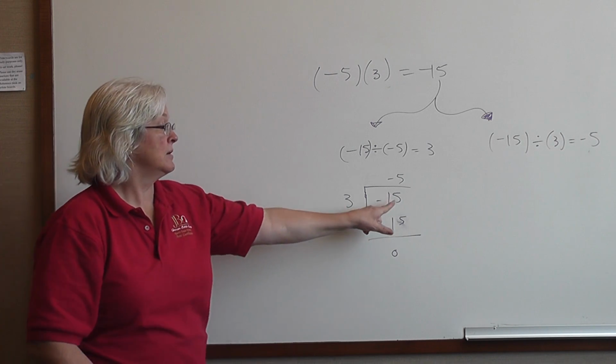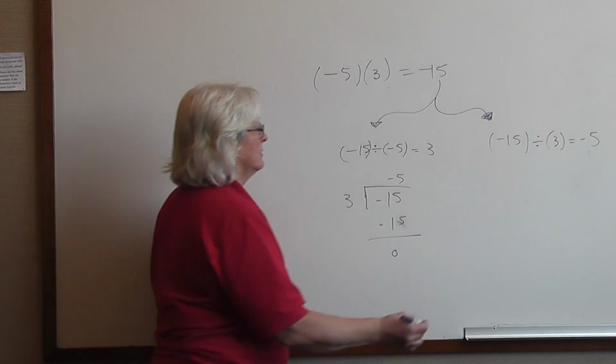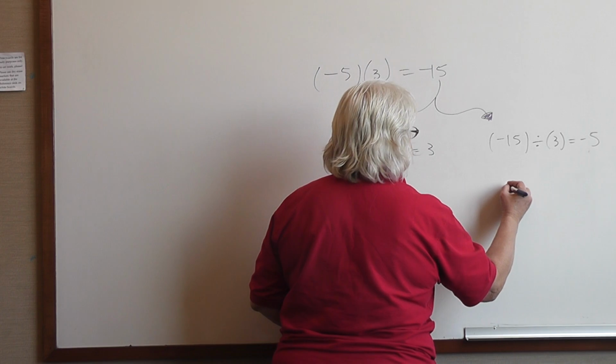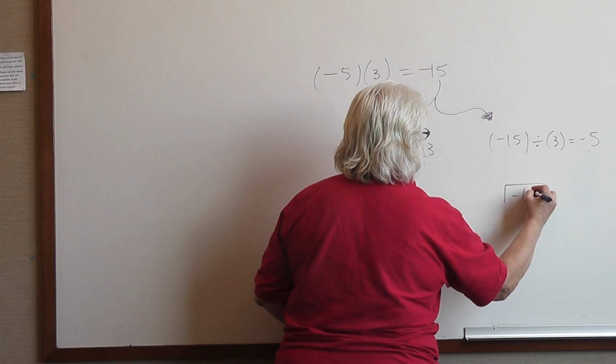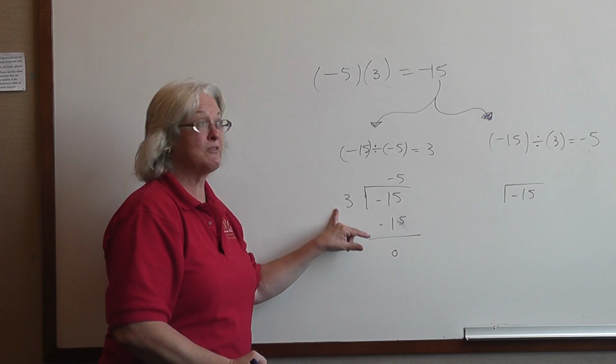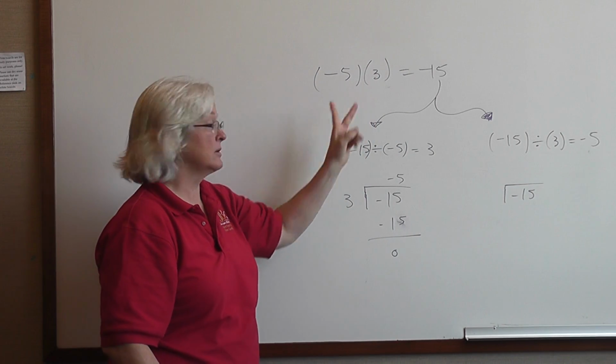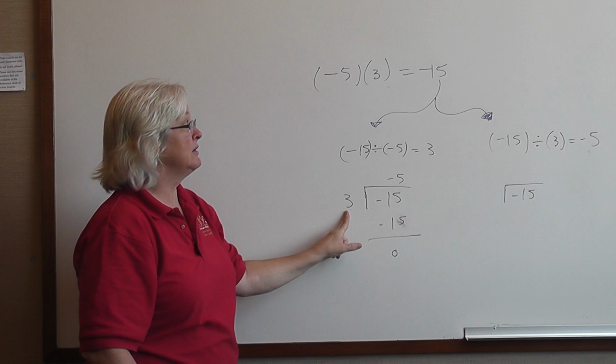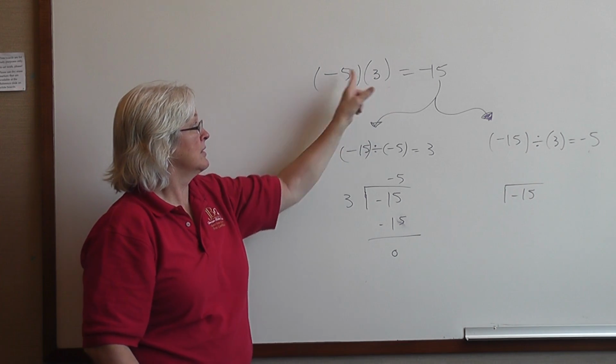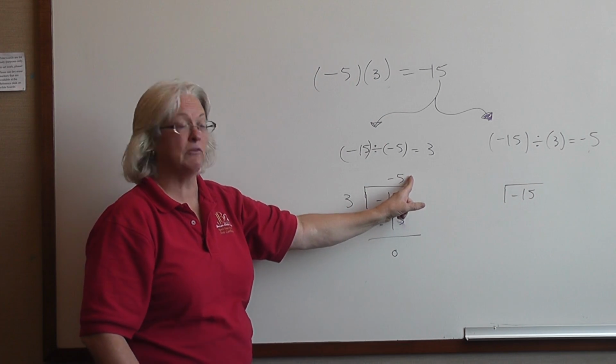We take the product and divide it by one of the factors. Over here I've divided it by 3. The result is a negative 5.